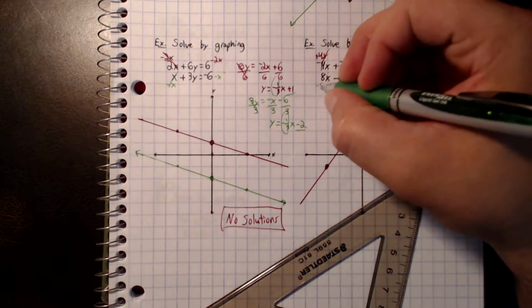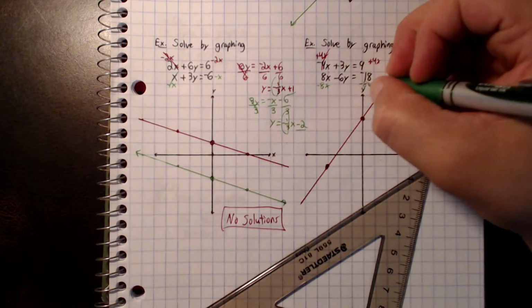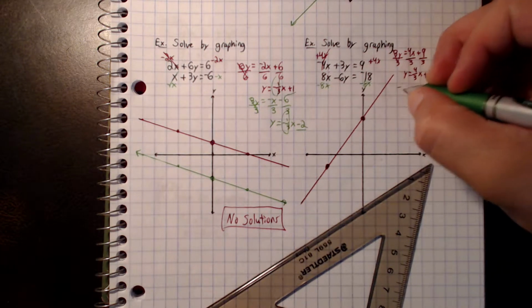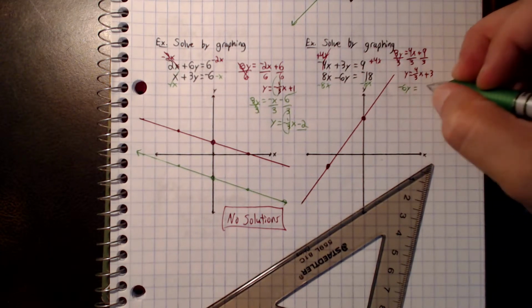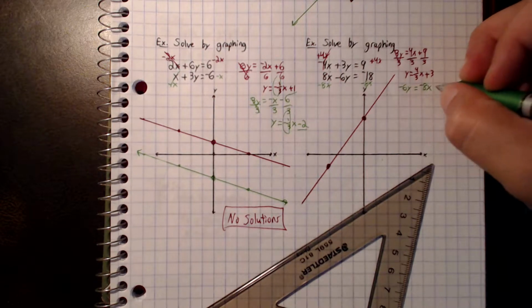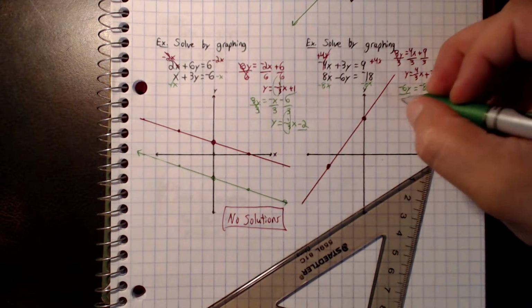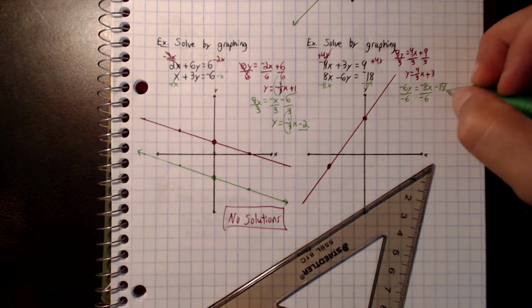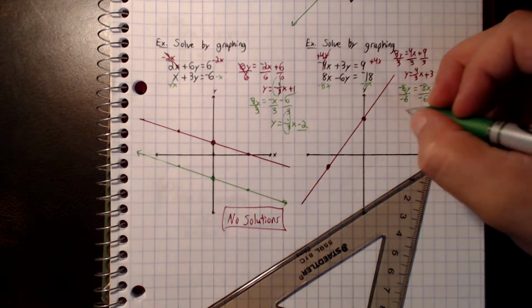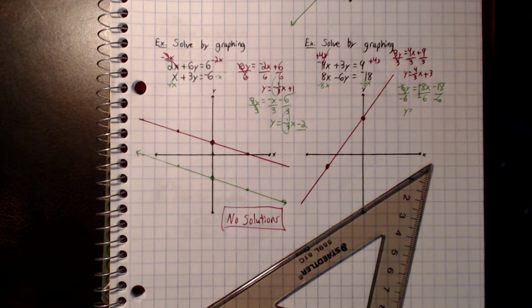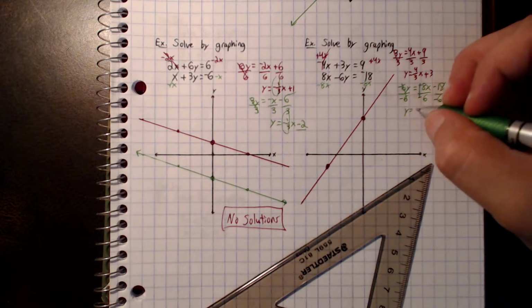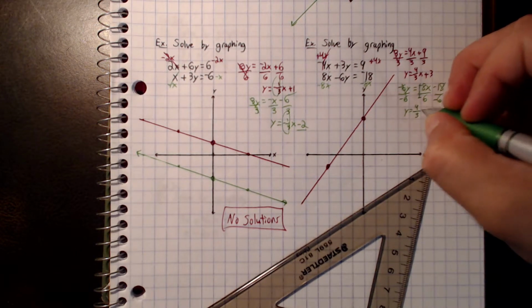I'm going to subtract 8x. So let's see, I have -6y equals -8x minus 18, divided by -6. Hey, look at this. Double negatives cancel out. 8 and 6 will reduce to 4 over 3.